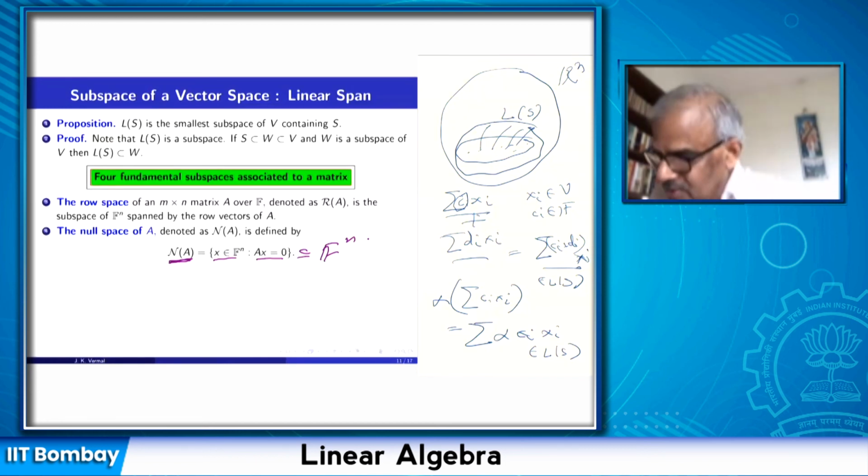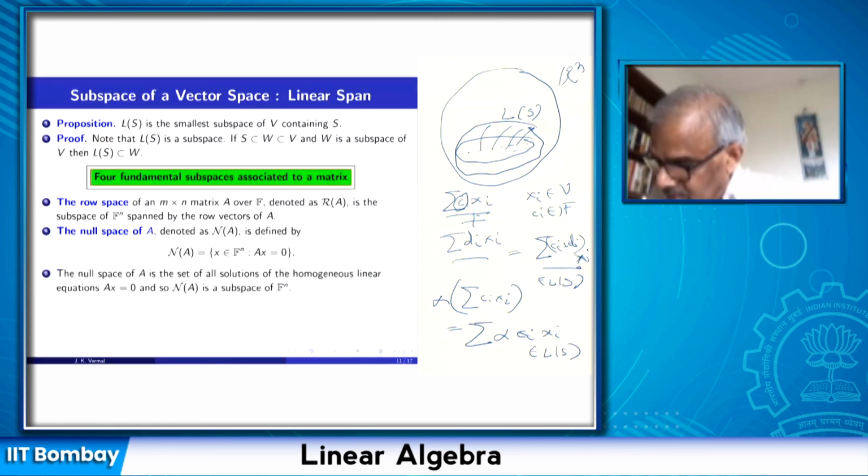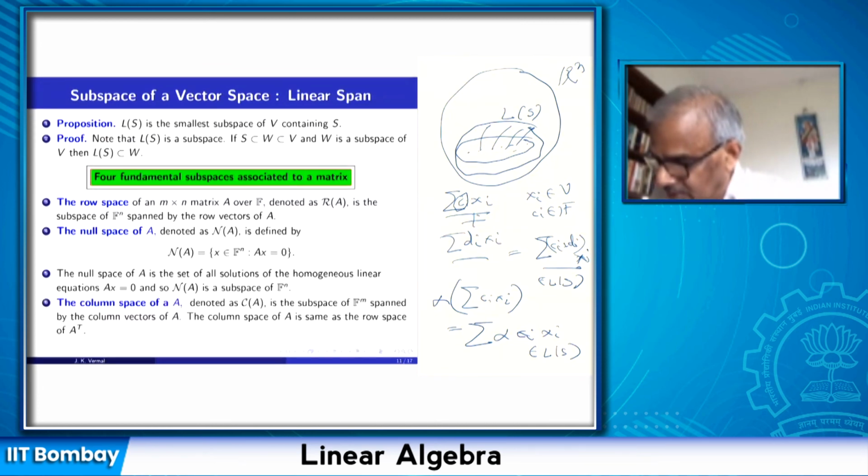There are two counterparts of these subspaces. The null space of A is the set of solutions of homogeneous linear equations, a subspace of Fn. Now the column space of A: I look at the column vectors, which are living inside Fm, and take the linear combinations of all column vectors of the given matrix.